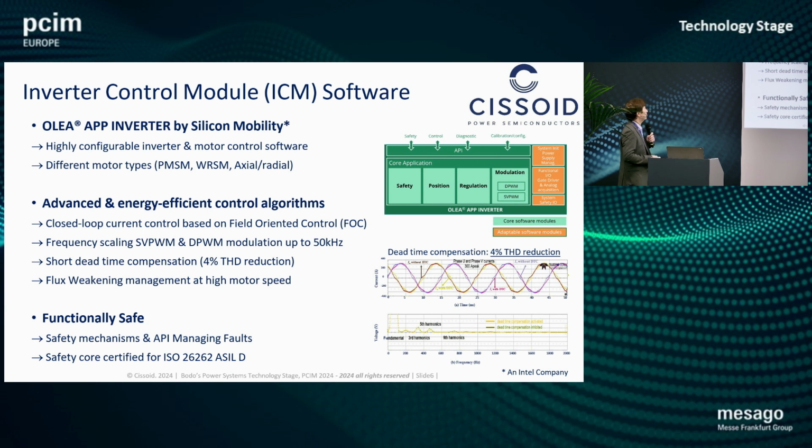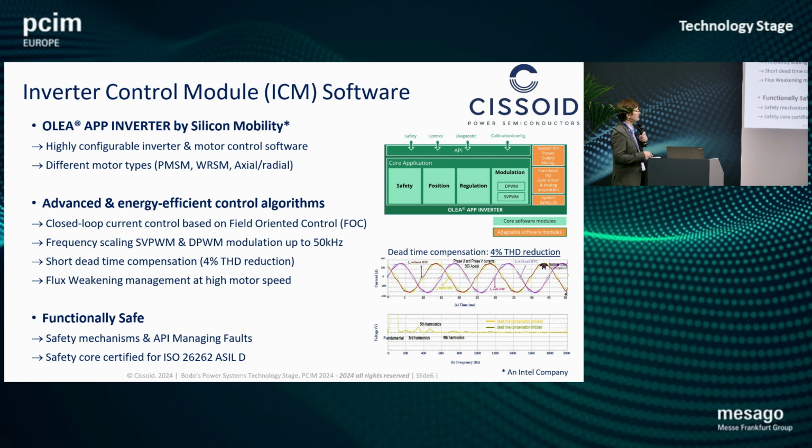Regarding the software, the OLEA APP inverter software from Silicon Mobility is highly configurable and optimized for motor control for different types of motors. It implements advanced algorithms, including field-oriented control, frequency scaling, SVPWM and DPWM modulation up to 50 kHz, and short dead time compensation.